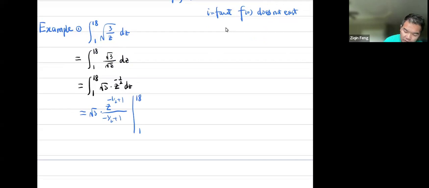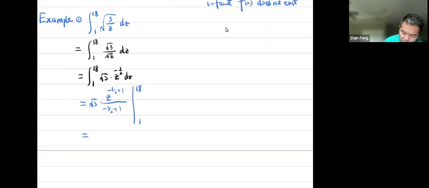This is equal to root 3 times 2, since 1/2 flipped gives 2, times root z. Plug in 18, you get root 18, minus plug in 1, you get 1.